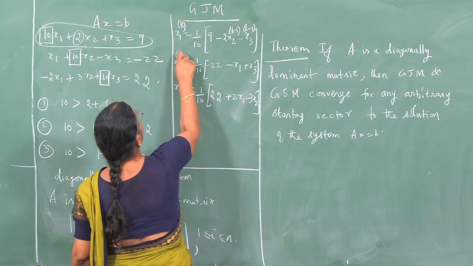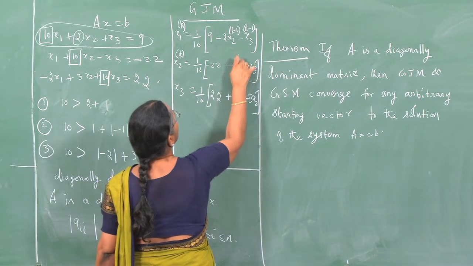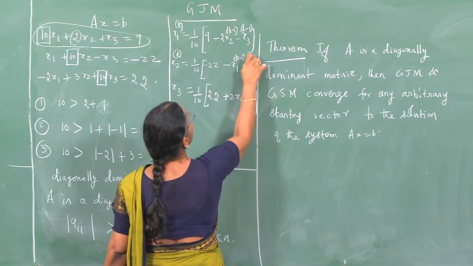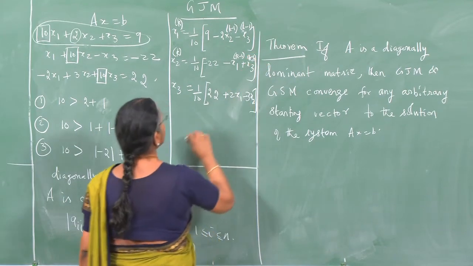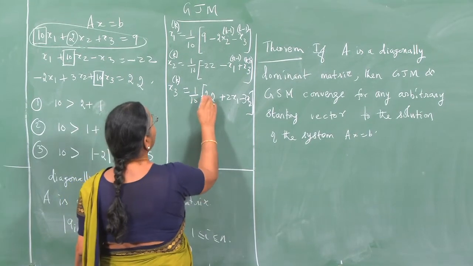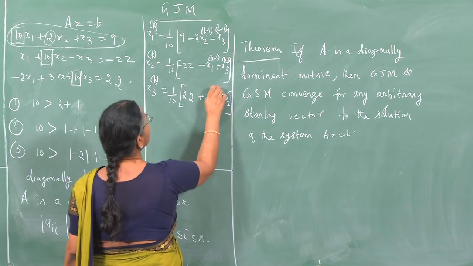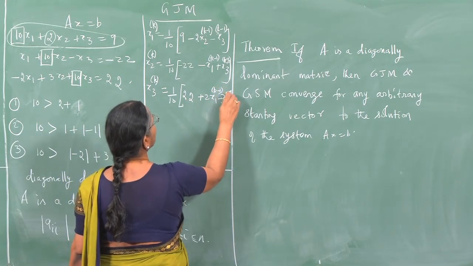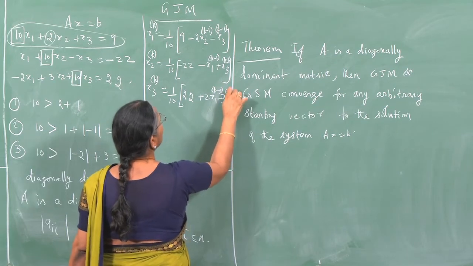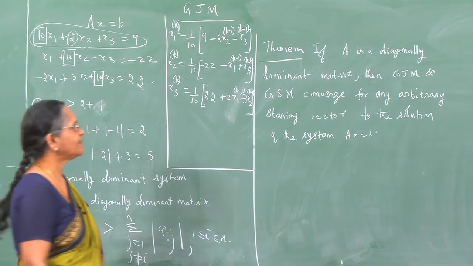Similarly, x2k will be given by 1 by 10 minus 22 minus x1 at the k minus 1th step plus x3 at the k minus 1th step, and x3k is 1 by 10 into 22 plus 2 times x1 at the k minus 1th step plus x2 at the k minus 1th step, and that is for Gauss-Jacobi method.